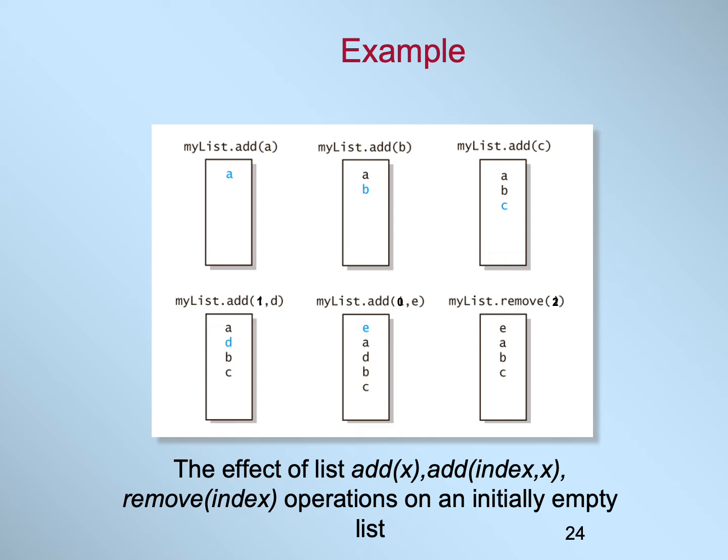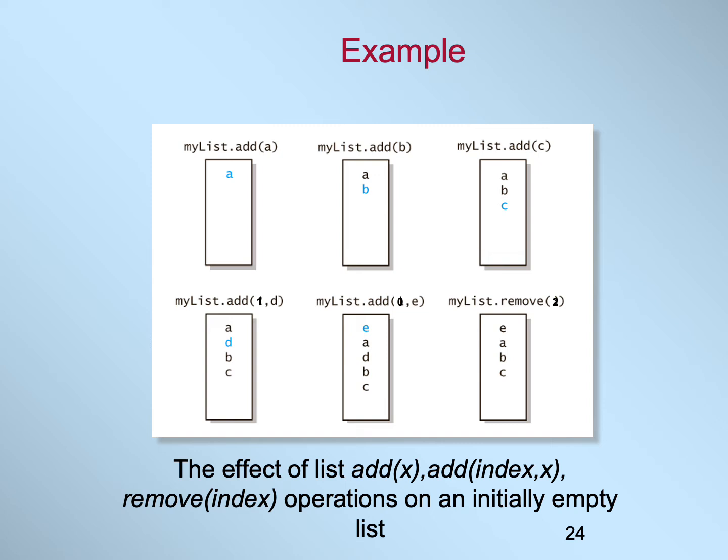So that's why in the list we have A, B. The same when we try to add C, it will be added at the end.